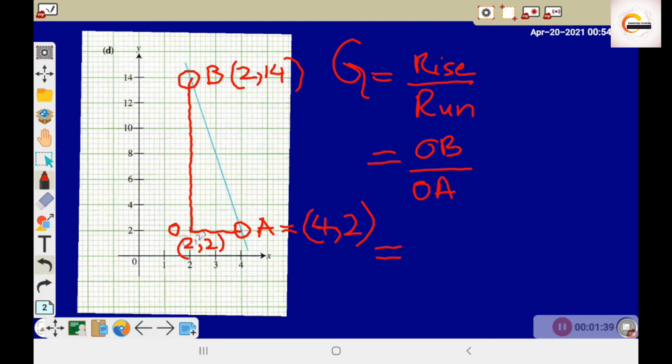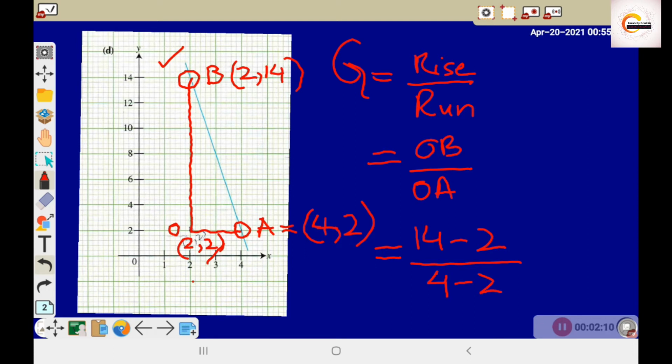So rise is going to be from 2 to 14. So final value is 14 and initial value is 2. So final value minus initial value, upon OA: final value is 4 minus initial value 2.